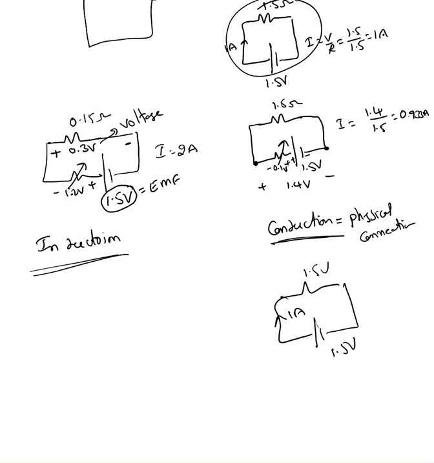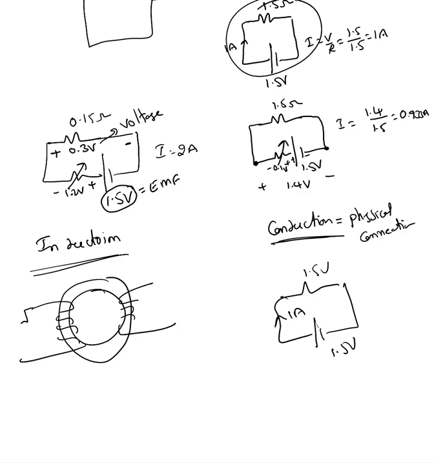When it comes to induction, it means inducing: something is far away and current is passing through that circuit. In the previous case, you have a magnetic material, coil 1 and coil 2, with no electrical connection between them. Because of the current flowing in the first coil, an EMF is induced in the second coil.